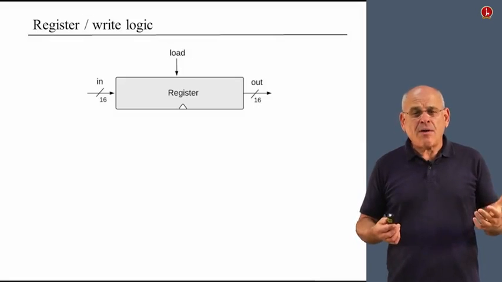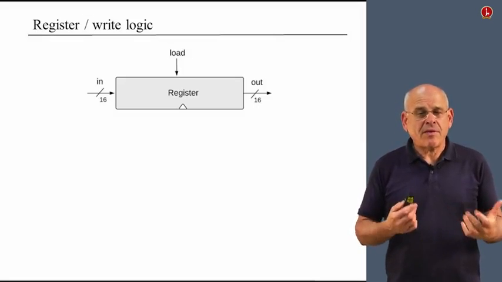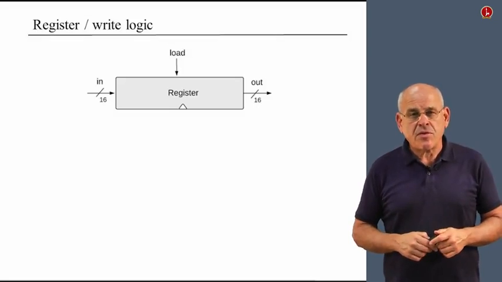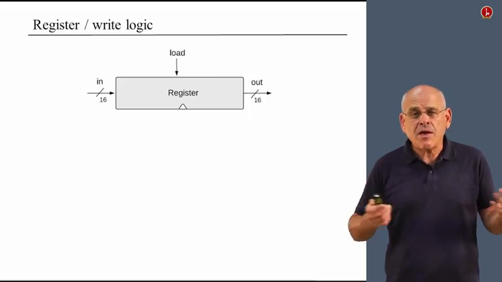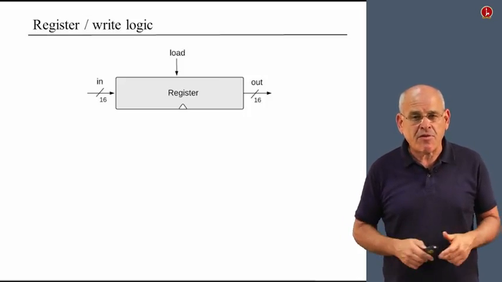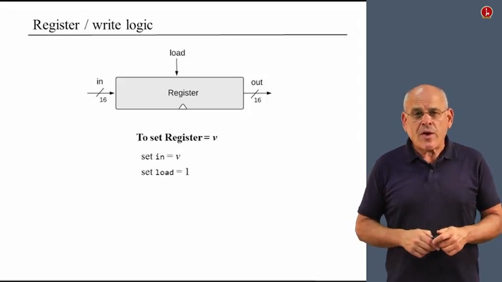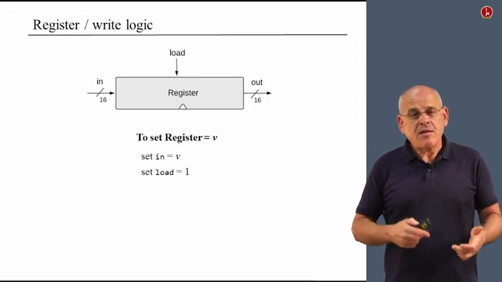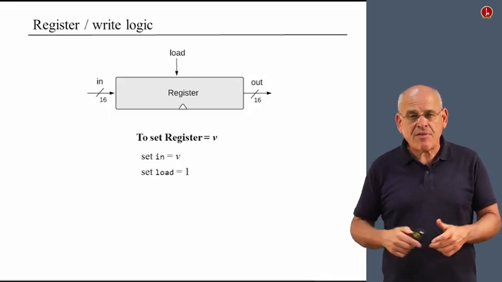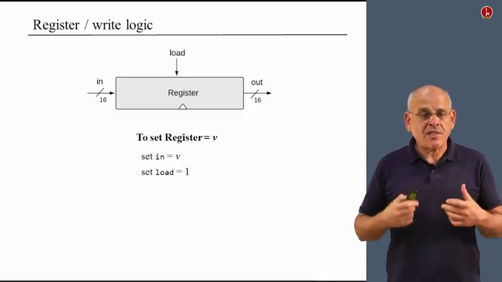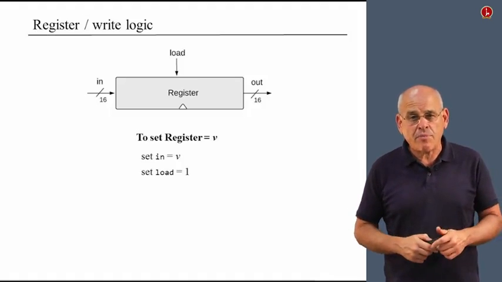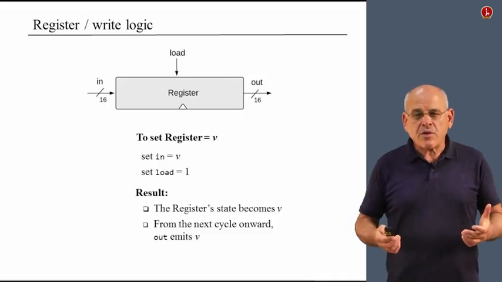Now let us talk about how we write a new value into the register. So we want the register to remember the number 17 from now on. What do we do? Well, we set in to this new value, let's say 17, and we assert the load bit. When I say assert the load bit, I mean we set the load bit to 1. So here's what will happen.